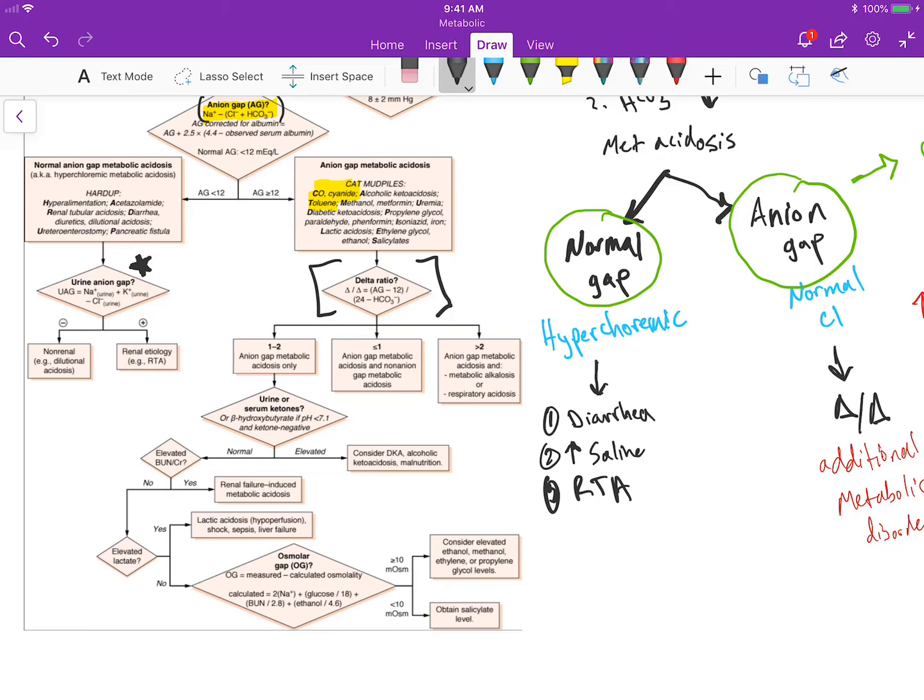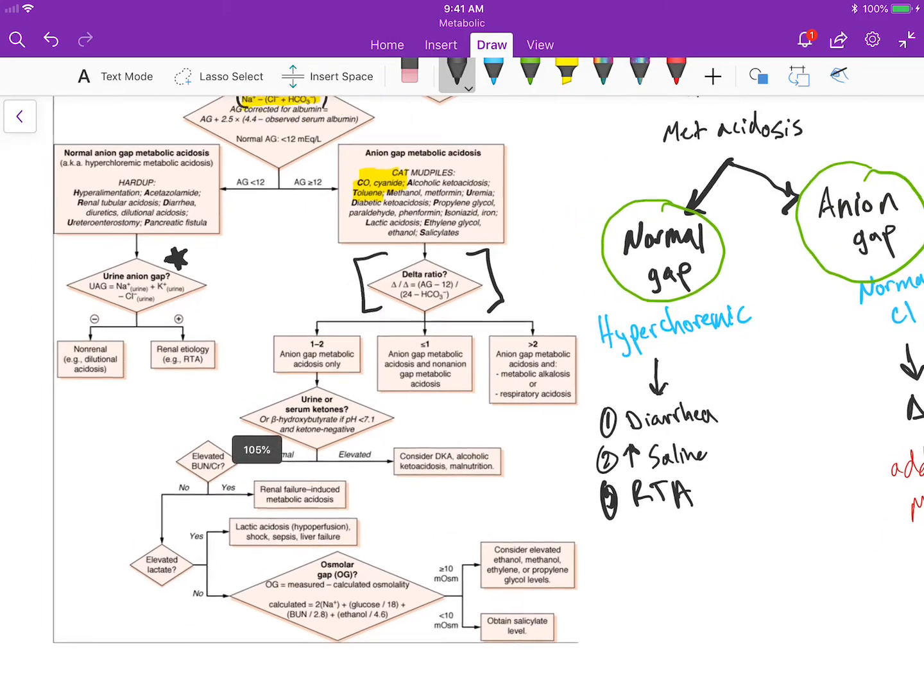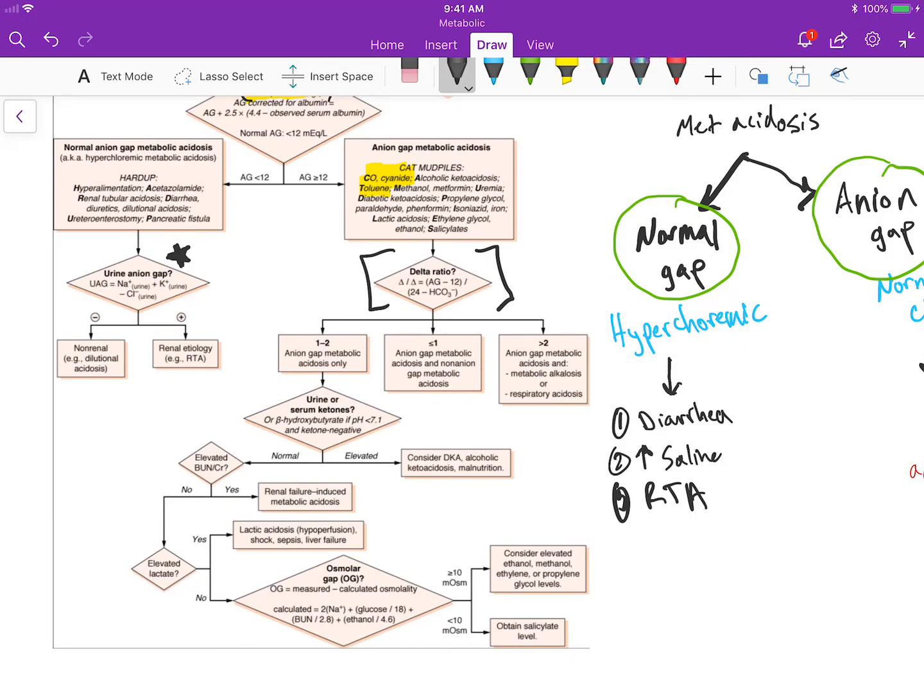So if the ratio is normal, say 1 to 2, you really are suspecting either renal failure, so uremia, or a lactic acidosis, or DKA.